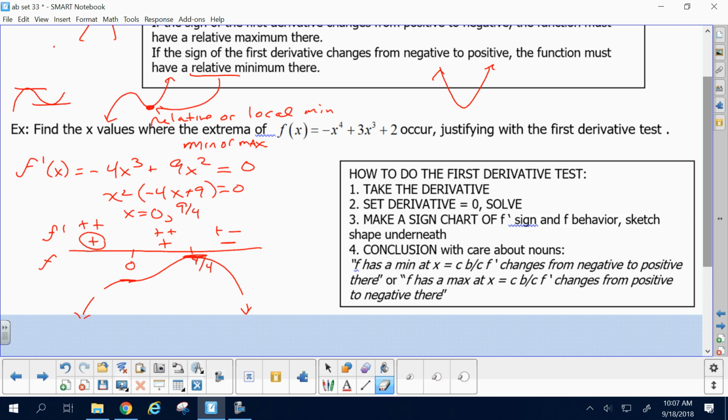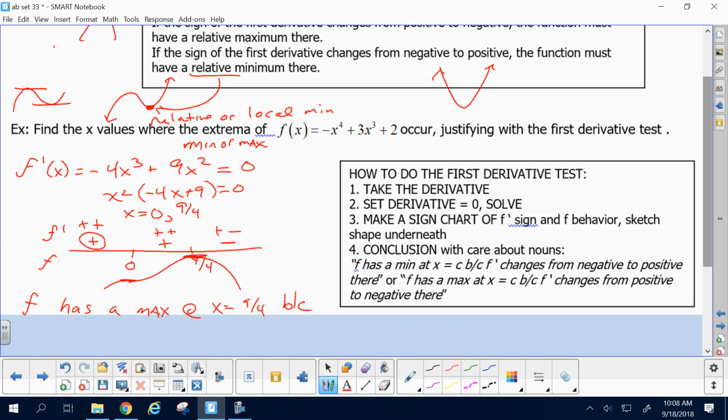Now, the last part then is a conclusion. This is required. The first derivative test implies that the last step is a sentence. You would say something like, f has a max at x equal 9/4 because, then the first derivative test.